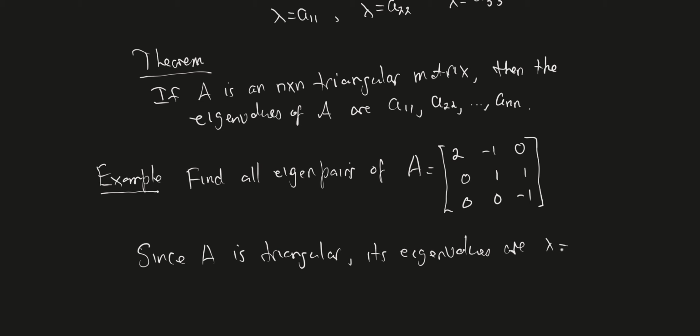So I'll say lambda equals 2, lambda equals 1, or lambda equals -1. Right? So again, we're just looking at these entries on the main diagonal. We don't have to write down a characteristic polynomial. We don't have to solve any polynomial equation. Simply use the fact that the matrix is triangular and we have our eigenvalues.